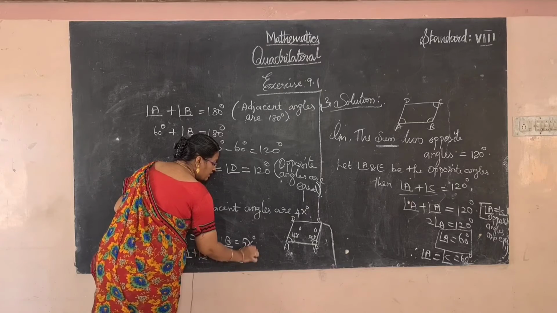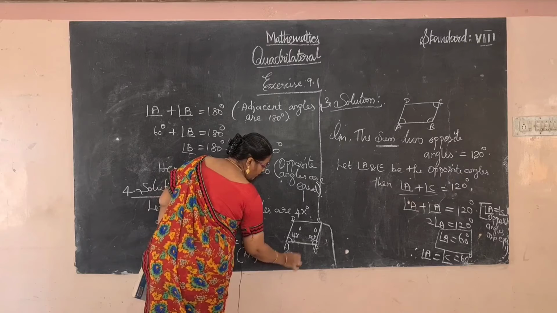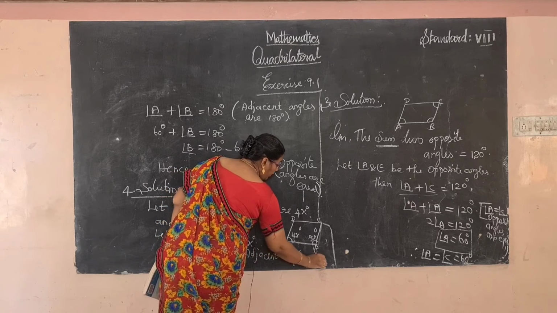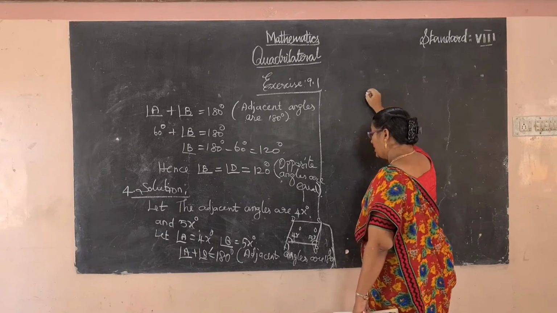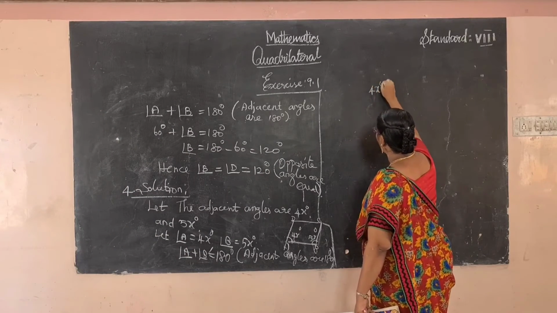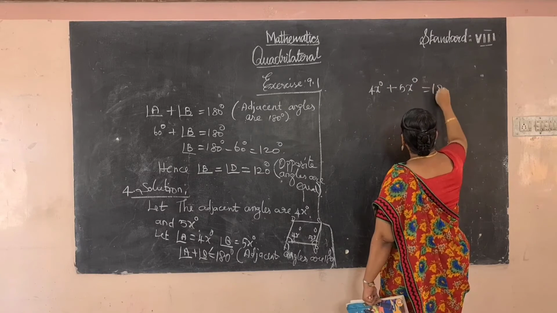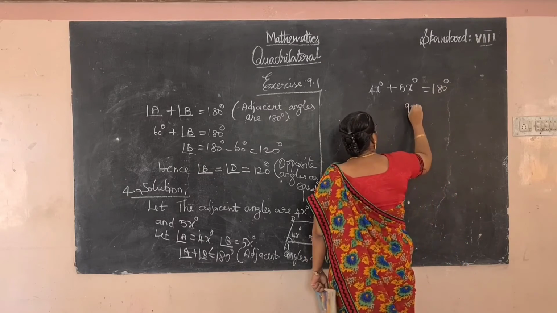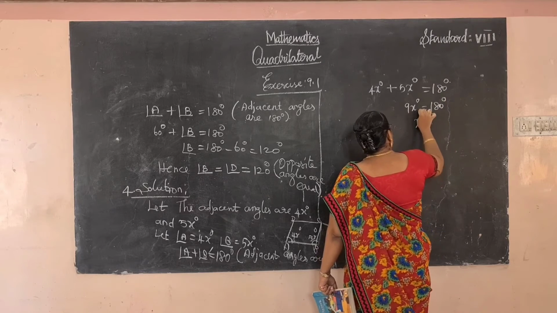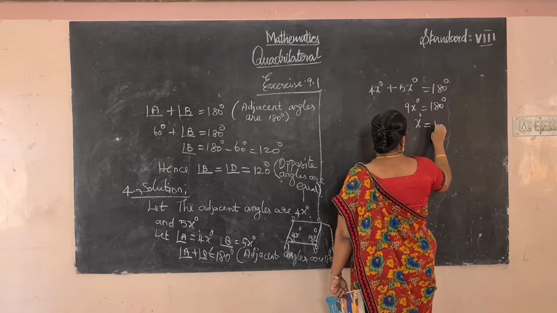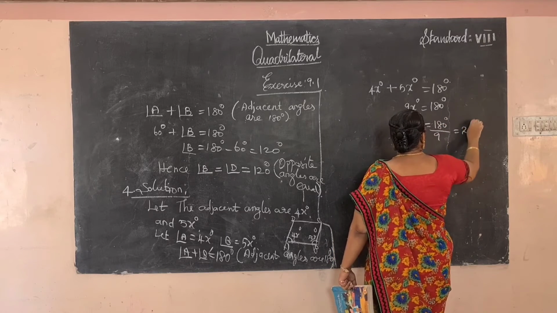Here, write: adjacent angles are 180 degrees. So angle A value we have considered 4x degrees plus 5x degrees is equal to 180 degrees. 9x degrees is equal to 180 degrees. x is equal to 180 divided by 9, which is equal to 20 degrees.